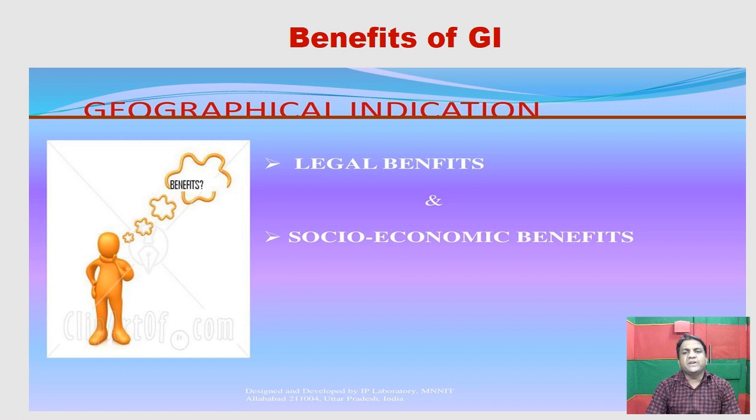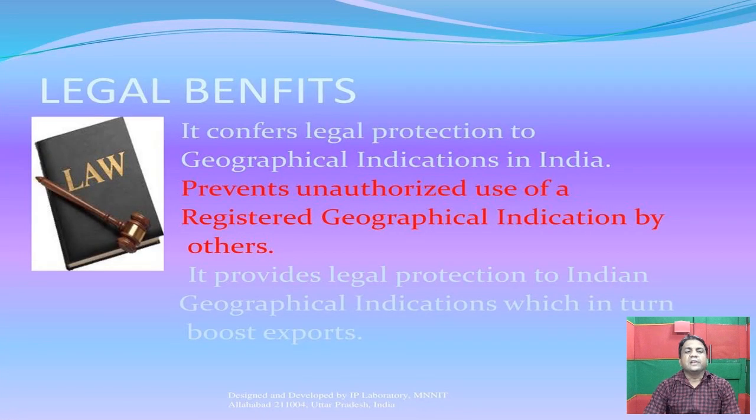What are the benefits of a GI? There are basically two benefits of GI. First, legal benefits, and second, socio-economic benefits. Legal benefits: the GI confers legal protection to geographical indications in India.